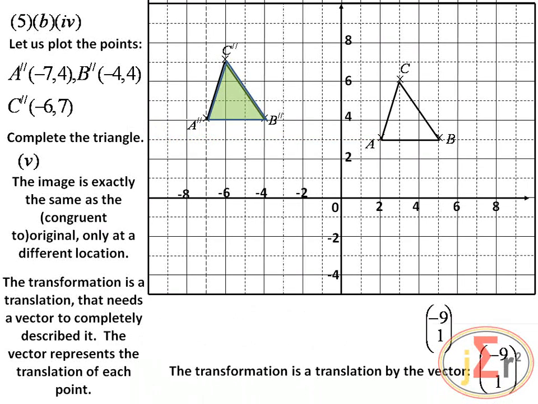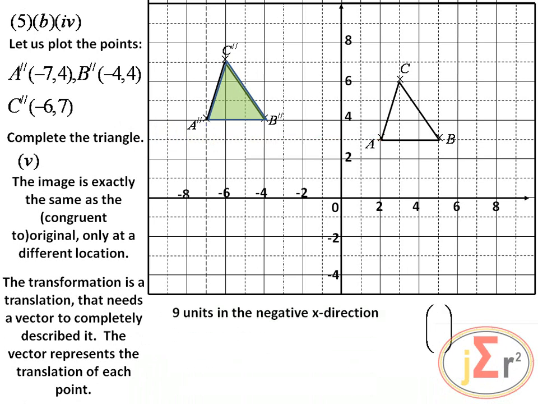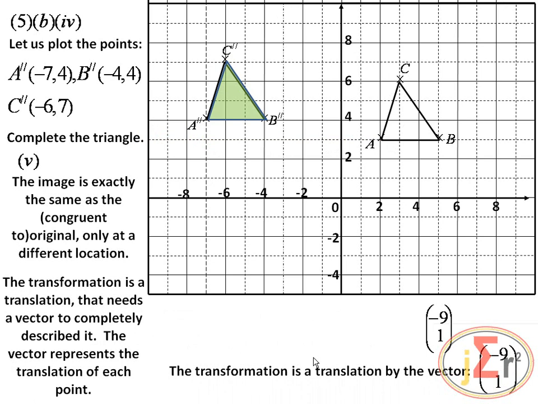The transformation is a translation by the vector (-9, 1). We are looking at A. It will be the same for C. If we make the attempt on C, we will get the same vector: 9 units in the negative x direction and 1 unit in the positive y direction. The transformation is a translation by the vector (-9, 1).